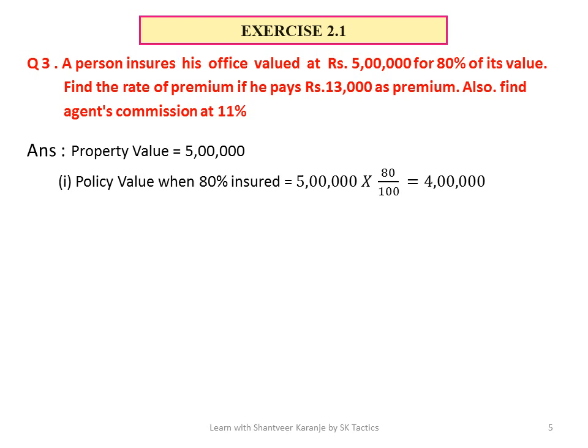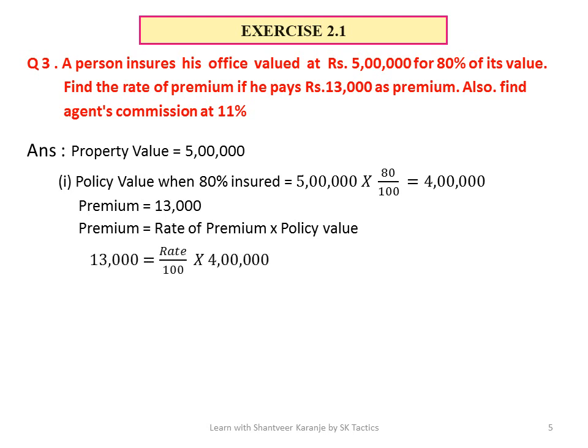I need to calculate rate of premium again with the same formula. Premium is equal to 13,000 and premium has the formula rate of premium into policy value. Here three terms are there: premium at left hand side, rate of premium, and policy value at right hand side, within which two terms we know, so we can calculate the remaining term, rate.